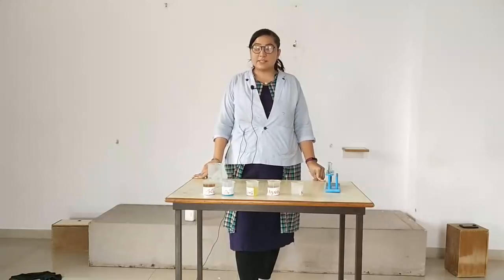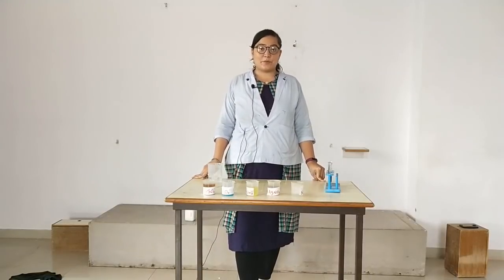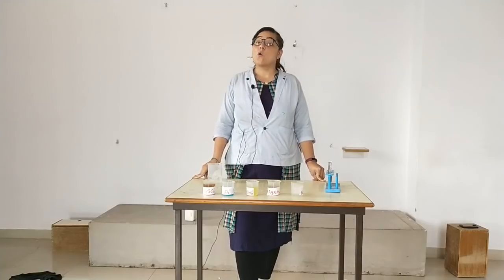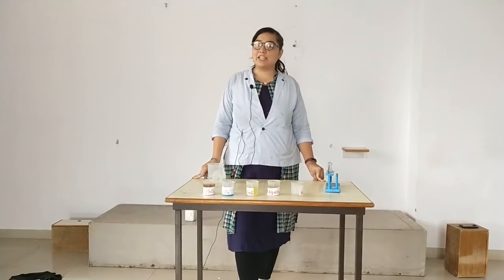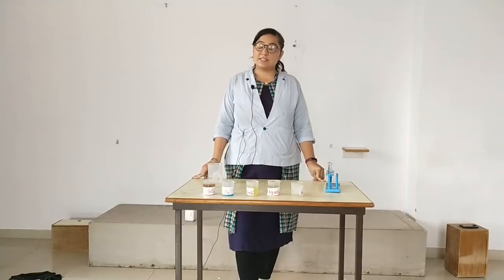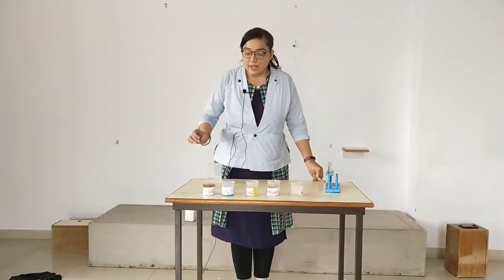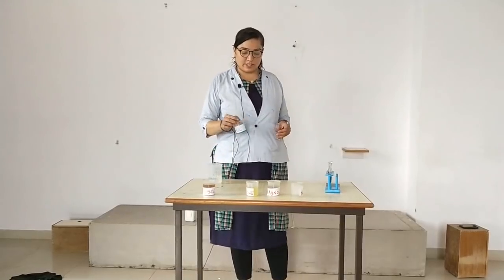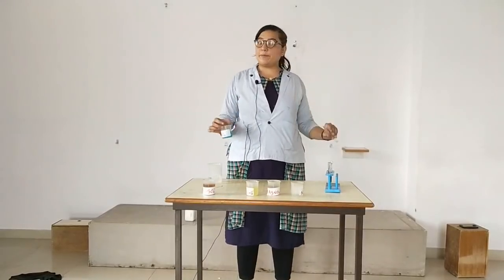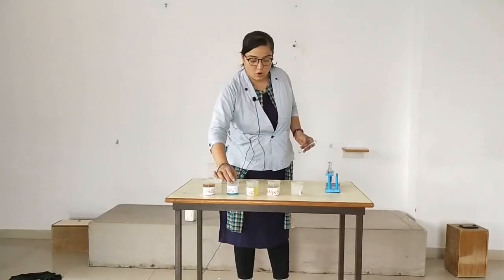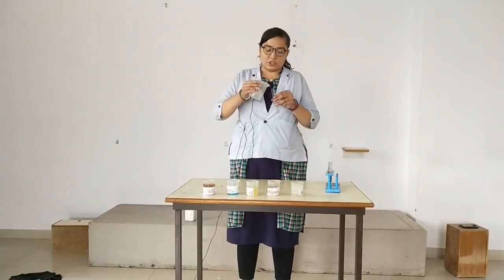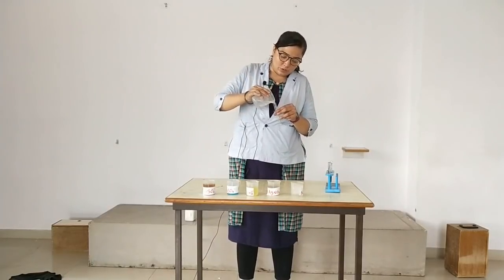Now let us see the reaction between CuSO4, which is copper sulfate, and AgNO3, that is silver nitrate solution. The copper sulfate solution that is given over here is very much concentrated, so we need to add water to make it dilute.